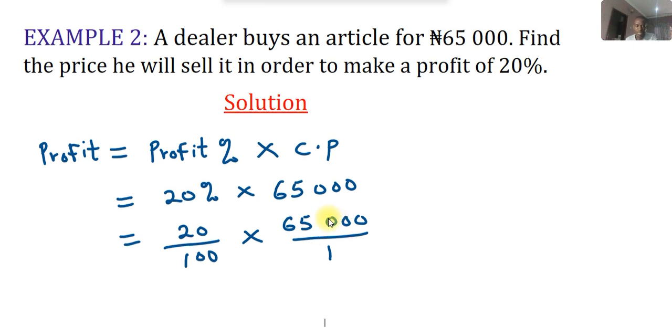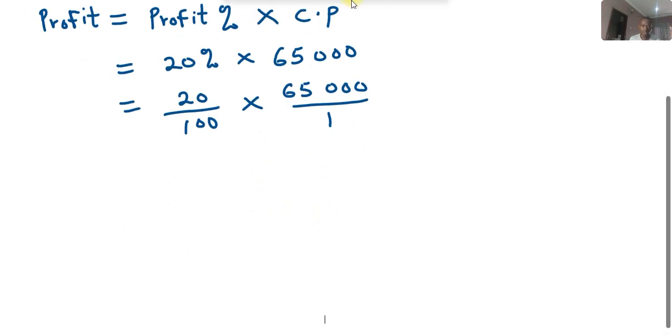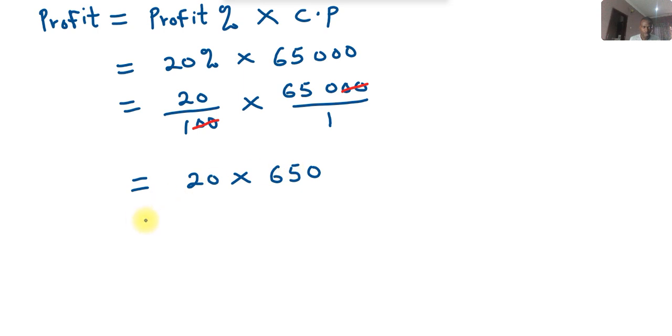So in this case, if you look at the zeros, the one here can be removed and 2 of this one can also go. So we are left with 20 multiplied by 650.